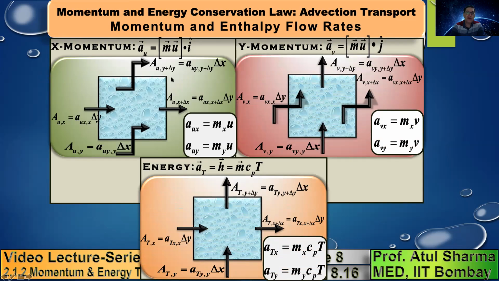So the x momentum flow rate is presented here at the various surfaces of the control volume. Here it's the y momentum flow rate, and this is the enthalpy flow rate. Earlier I had shown this separately, now I am showing you together, where you can get an idea that for enthalpy transport, the arrow is always normal to the surface, whereas in the x momentum equation, all the arrows are horizontal, and in the y momentum, all the arrows are vertical.